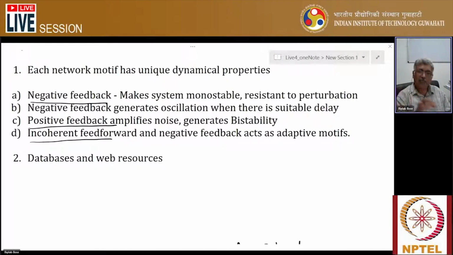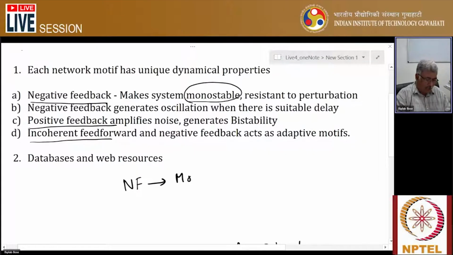That does not mean the unique dynamical property we are discussing is related only to transcription or cell signaling or enzymatic reactions, right? We are picking gene expression and enzymatic reactions as examples and writing the ODE. But if the parameters and the functional structure are the same, a negative feedback in one system can have similar behavior to a negative feedback in another system. We have to keep that in mind. For example, one unique property of negative feedback is to give monostability.